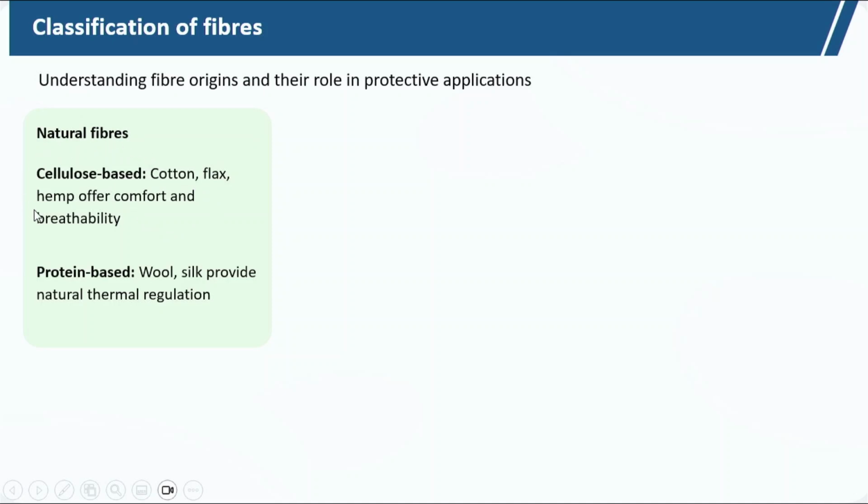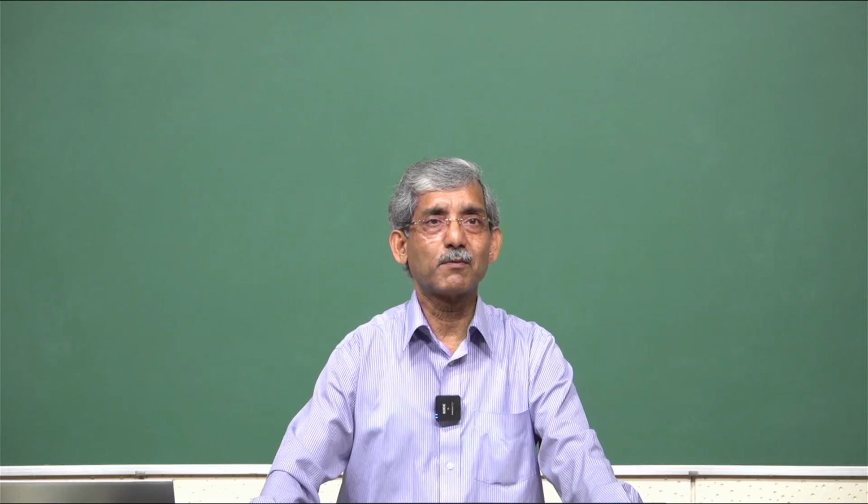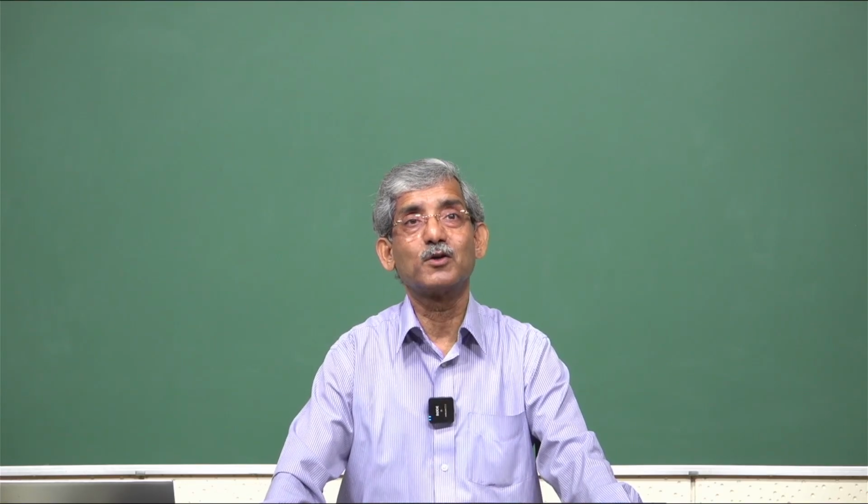Cellulose based fibers are there, and protein based fibers are also used, like wool and silk, which provide natural thermal regulation. For extreme cold protection, we sometimes use wool. Down feather is also used.